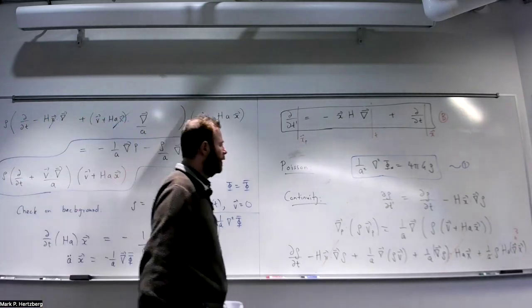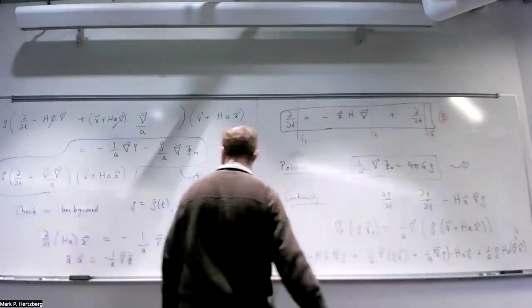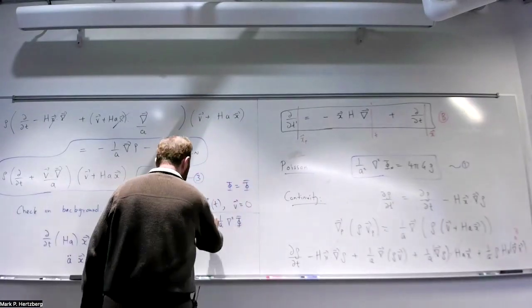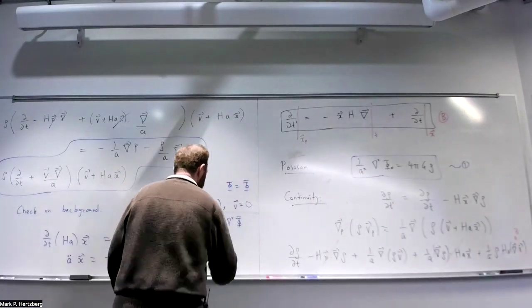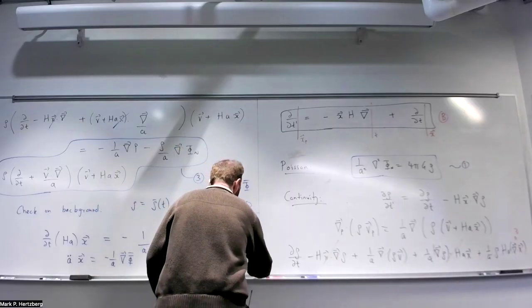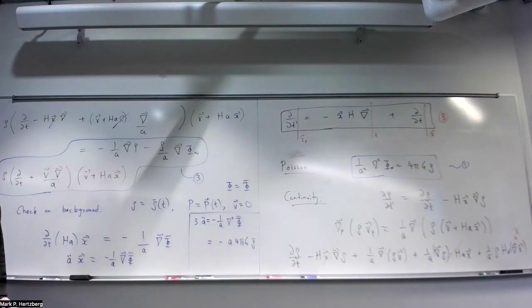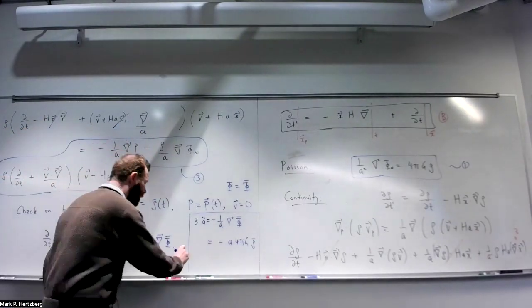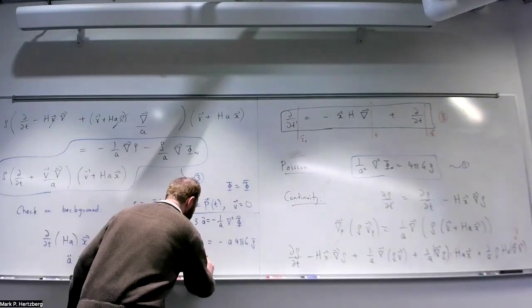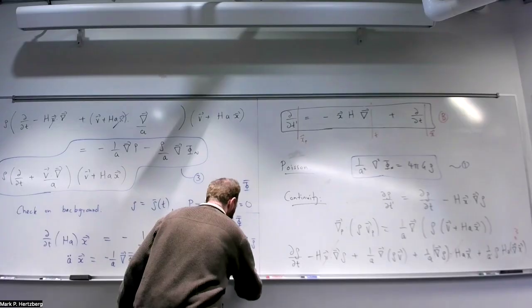And on the background, the Laplacian of phi is just 4 pi G rho bar. So this tells us a double dot over a equals minus 4 pi G over 3 rho bar.